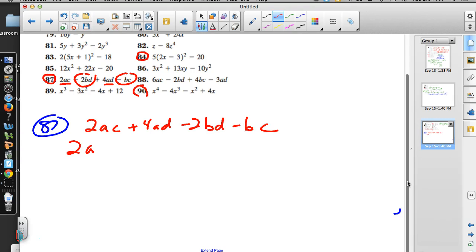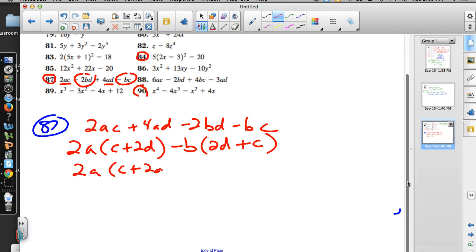So if I take a 2 and an A out of the front here, I will get C plus 2D. And in the back, if I pull out a negative B, I will get 2D plus C. Now, if you look at the parentheses, you realize it is the same thing.